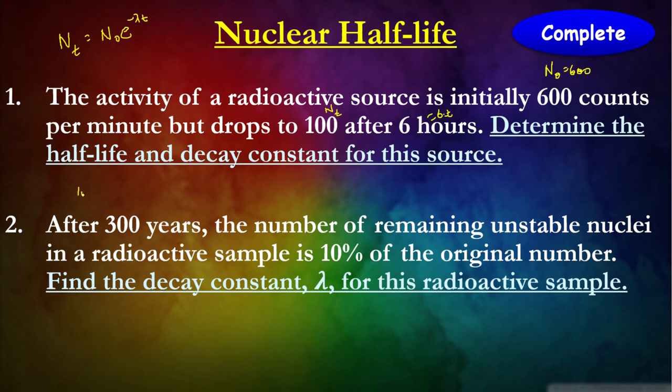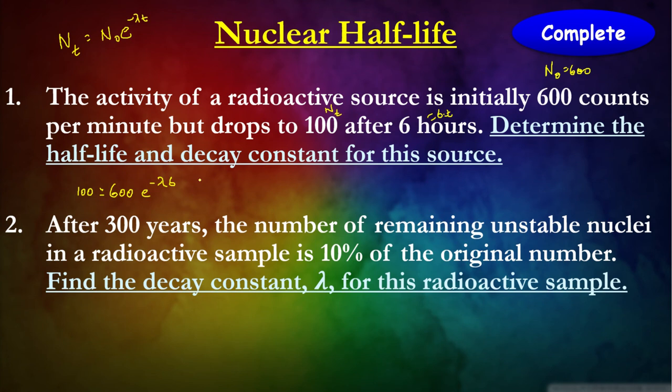We've got Nt as 100, N0 as 600, e to the minus lambda, and then the time we have here is 6 hours, or we can write 6 lambda. So what we want to work out is what lambda is. We need to rearrange this equation.